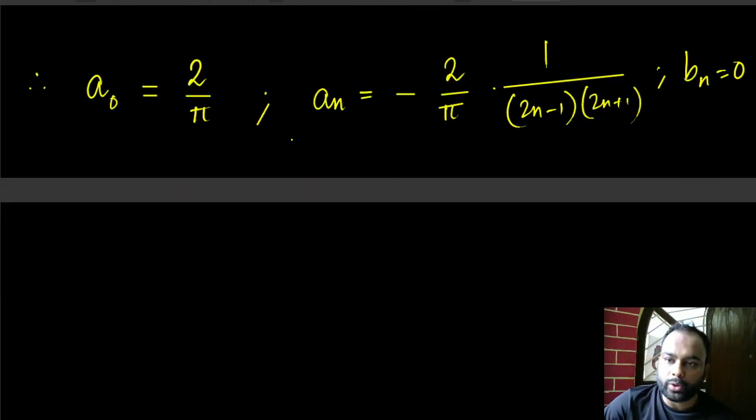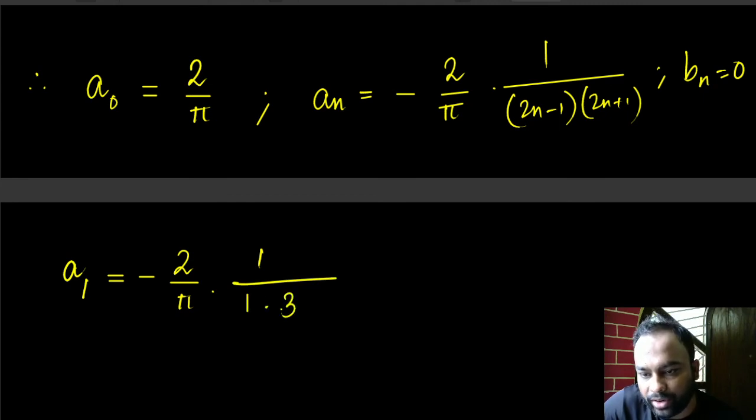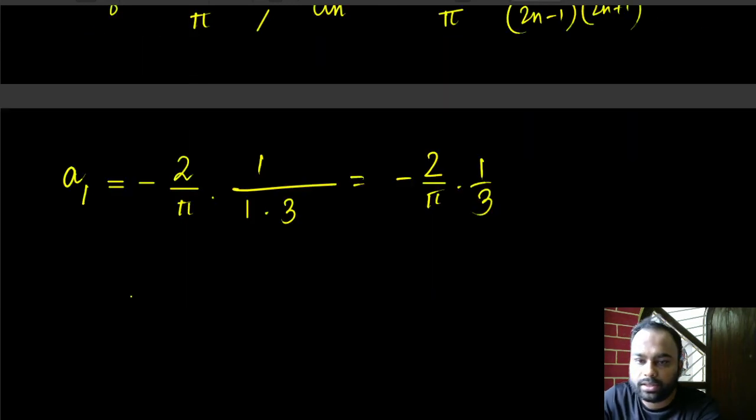So you can just keep on putting values for n, and subsequently we shall get all the coefficients. We already calculated the value of A1. A1 would be minus 2 by pi into 1 by 1 into 3, that's minus 2 by pi into 1 by 3. What is A2?